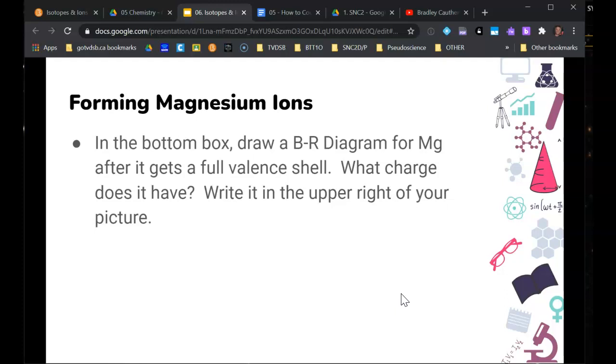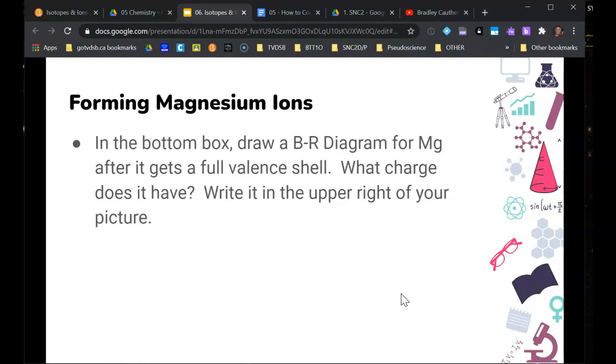Now, it started off with 12 protons and 12 electrons. We just got rid of 2 electrons. So how many electrons does it have left? It has 10. So it has 12 protons and only 10 electrons. So it has 12 positively charged particles, and only 10 negatively charged particles.